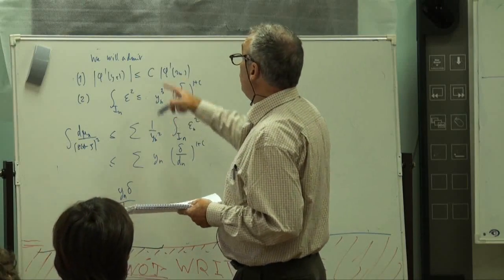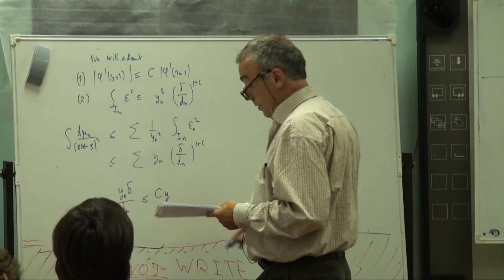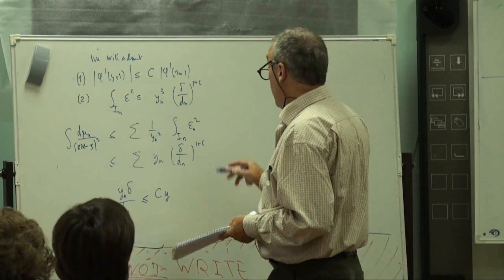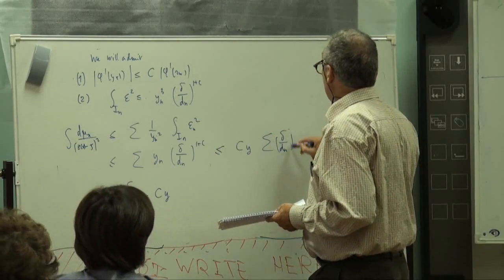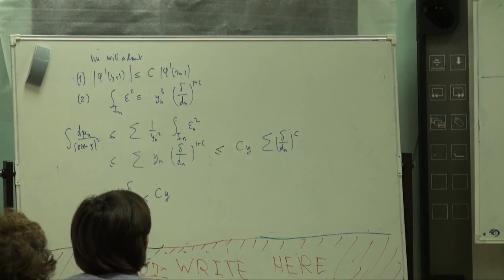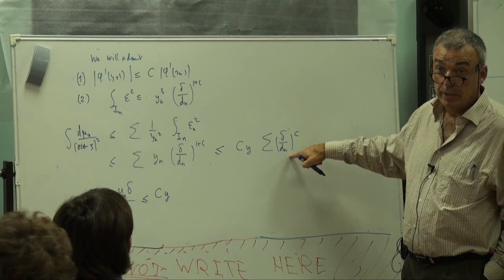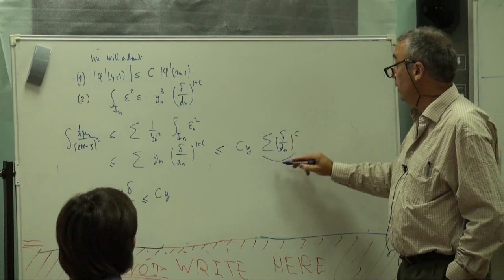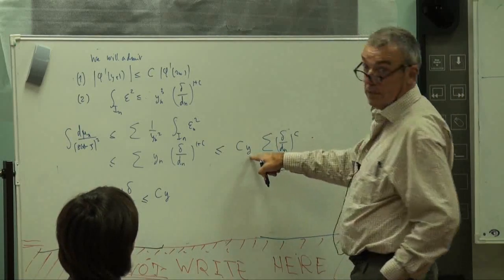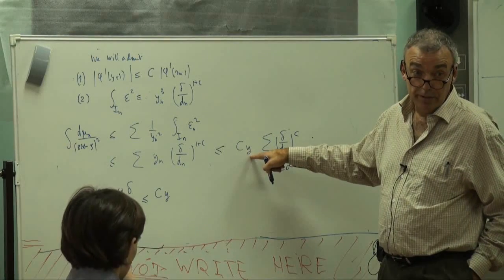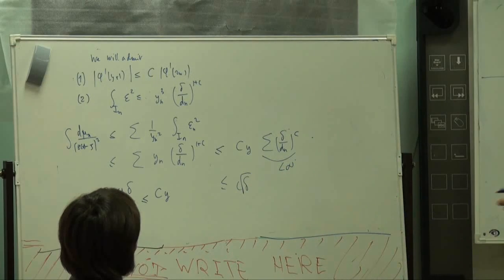So using 1 and 2, this will be less than a constant times y, sum of delta over dn to the power c. And what we have here is precisely a geometric series with a ratio less than 1. So this is finite, and y is less than square root of delta by the Beurling estimate. And we get the result.